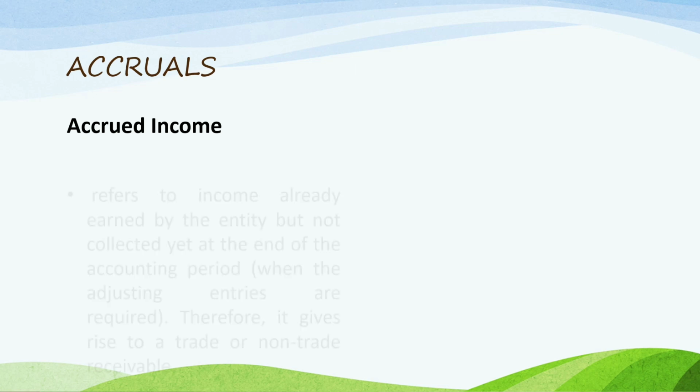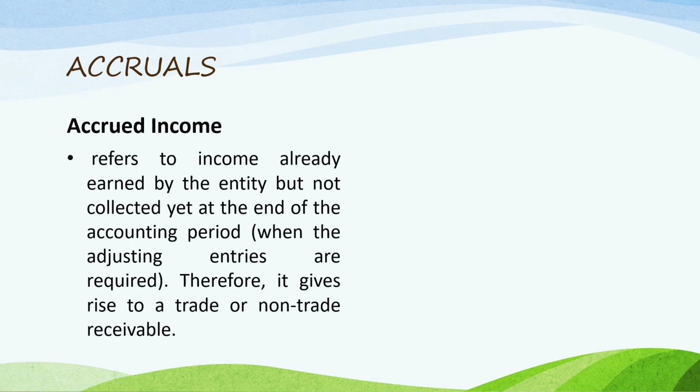Another thing is that when we have revenue earned but not yet collected, that is actually accrued income. By definition, it refers to income already earned by the entity but not collected yet at the end of the accounting period.